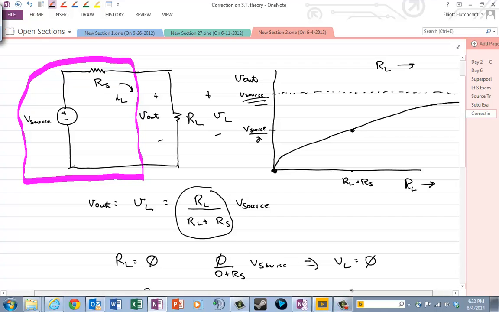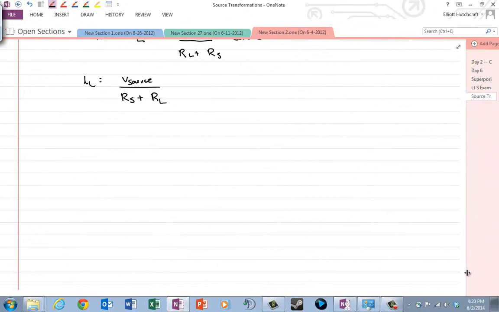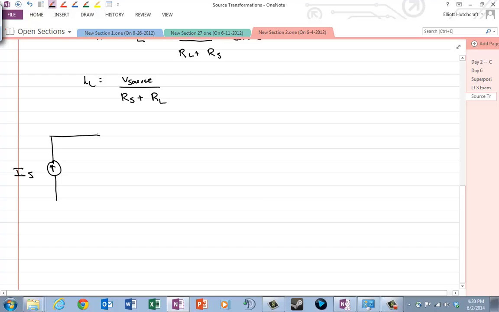I'll insert this in between where I had started talking about it, and see if we can't figure out how that's going to relate. So a practical current source is going to have a source current, which I'll just call IS, and then I'll call its associated resistance RP for R parallel, but it's still the source resistance.